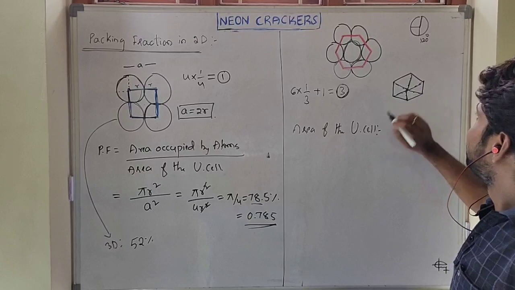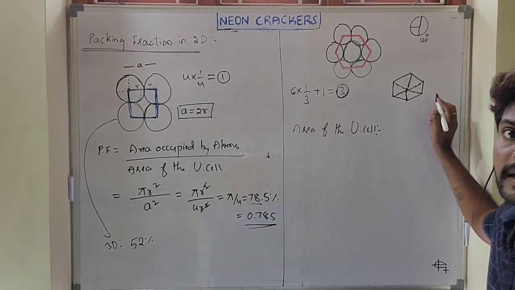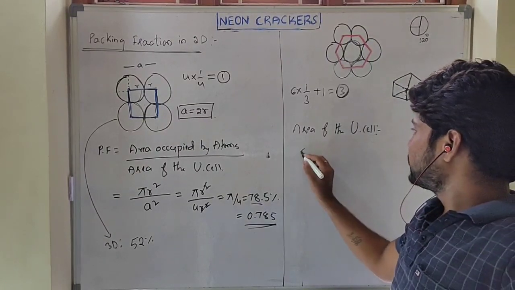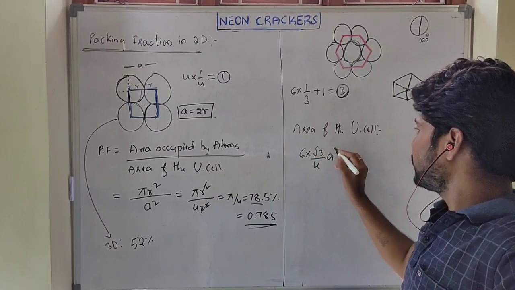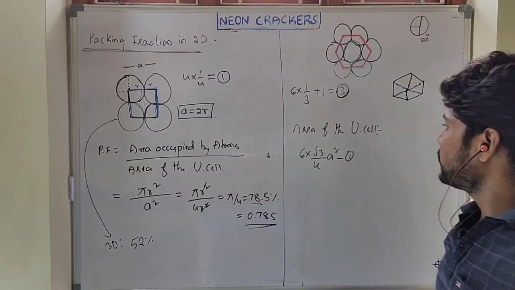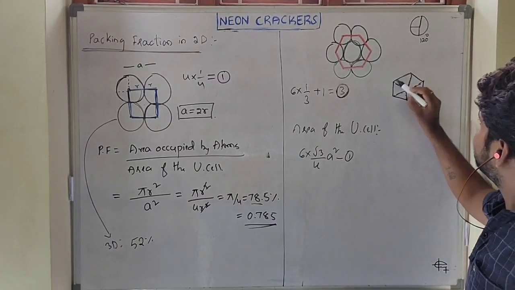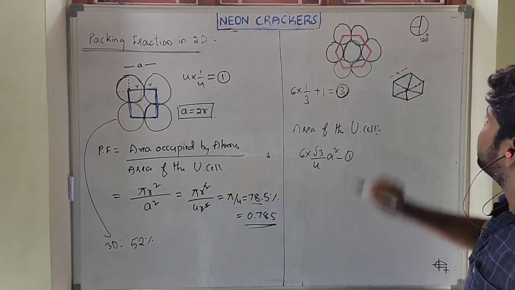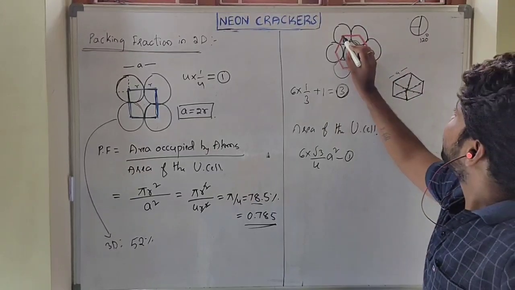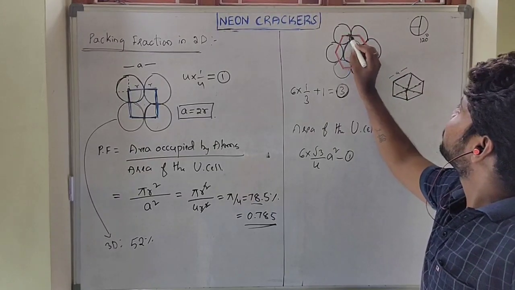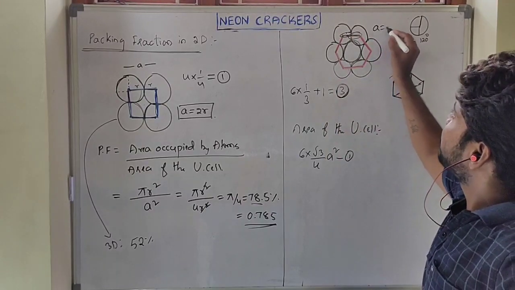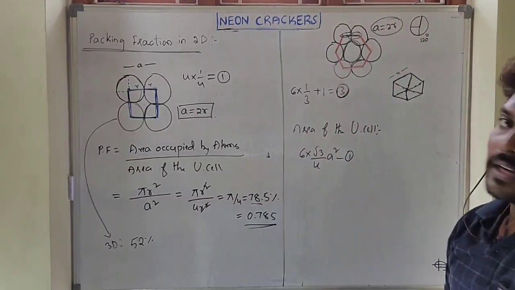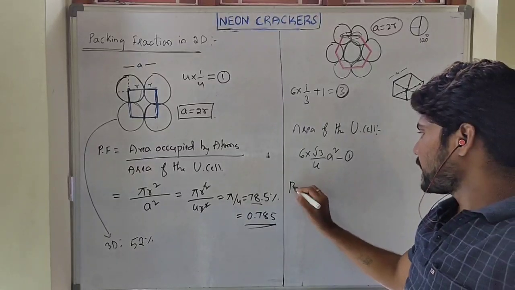Each one has area root 3 by 4 a square. Again, what is this length of the hexagon? This length equals the radius of this one plus the radius of this one. So again the same relation, a equals 2r.